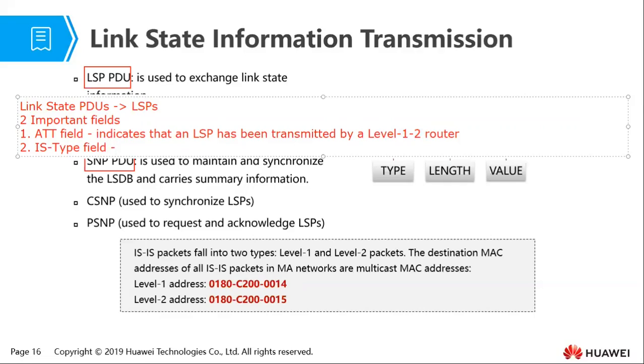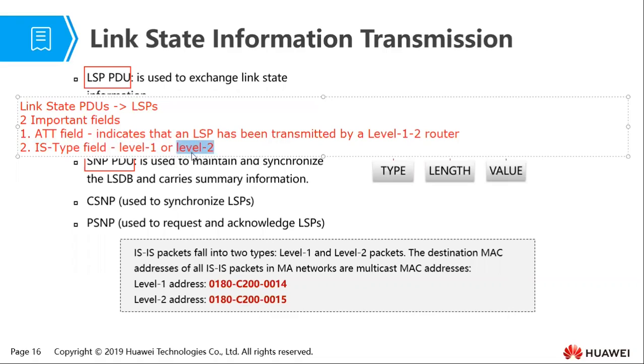Then the IS type field is used to indicate whether the LSP has been generated by a level 1 or a level 2 router. So if the LSP is coming from a level 1 router, then the IS type field is going to have a certain binary value, maybe 0.